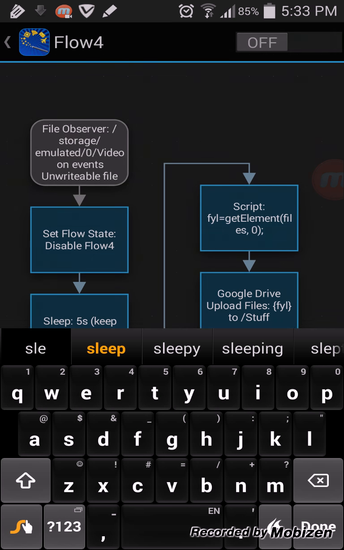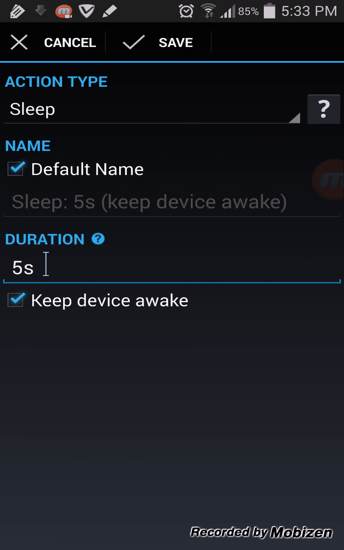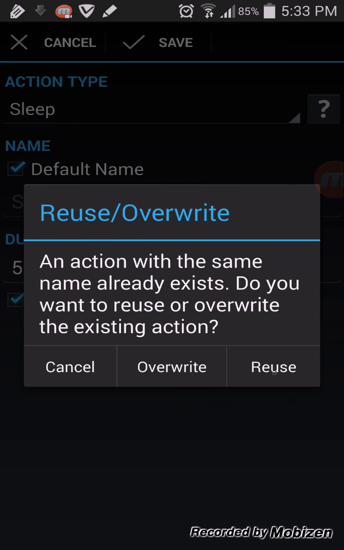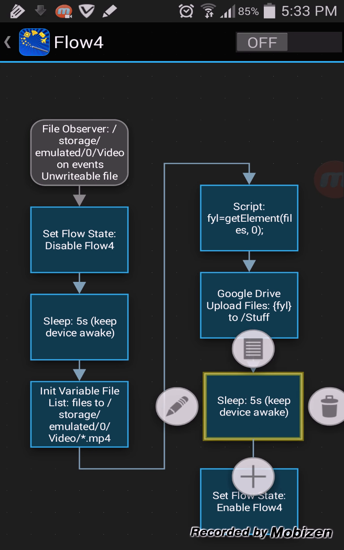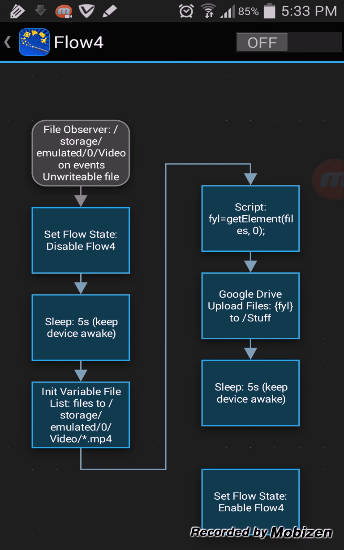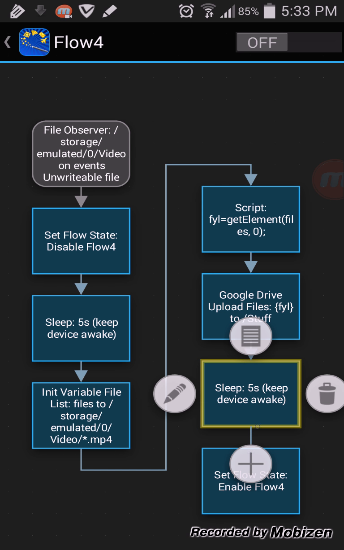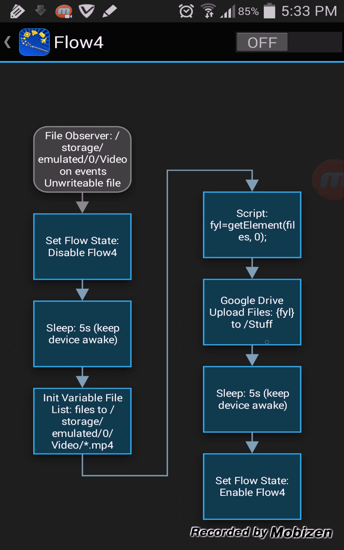Sleep. Simple. Okay, and we'll go ahead and let it sleep another 5 seconds. Reuse it. So we'll put that there. Make it all nice and neat. And then reconnect those. Okay, so there's another 5-second pause. We'll go ahead and do that.